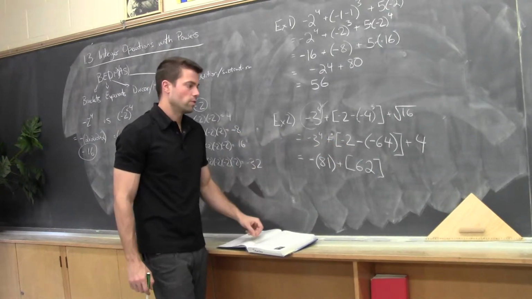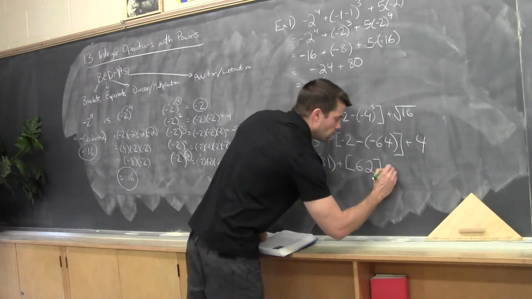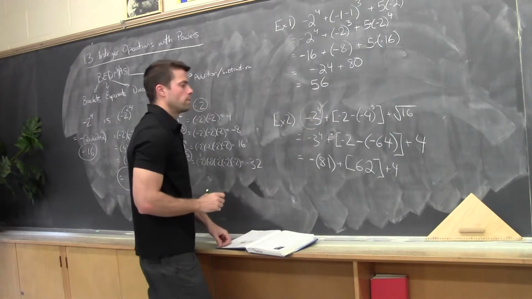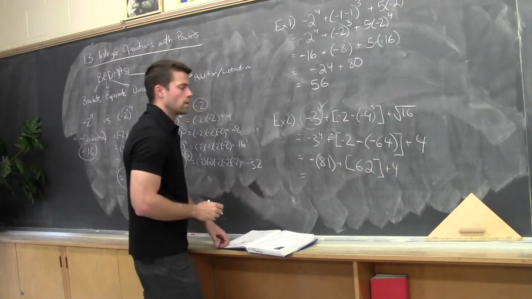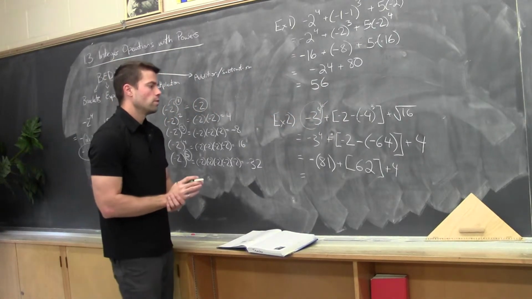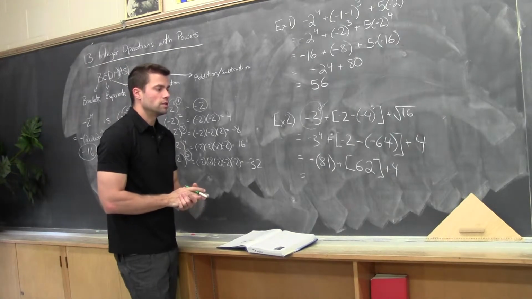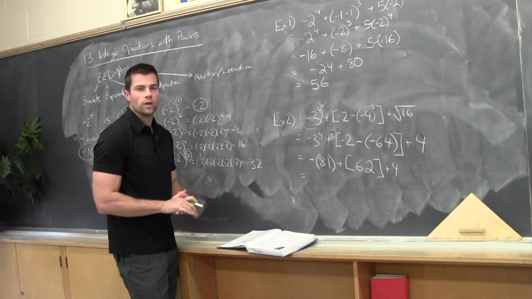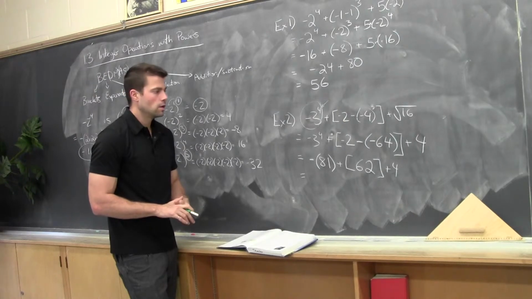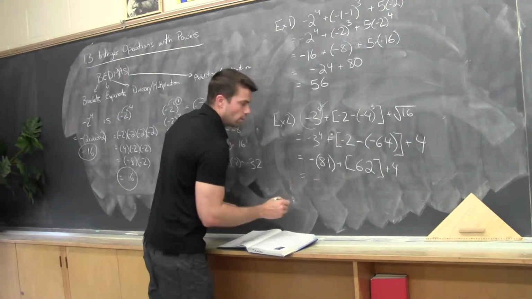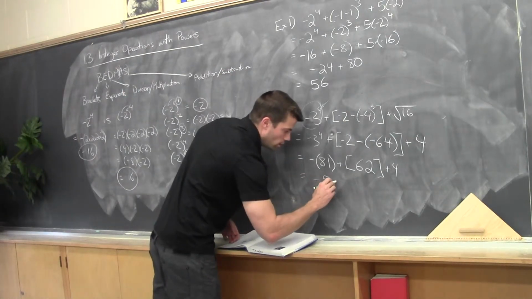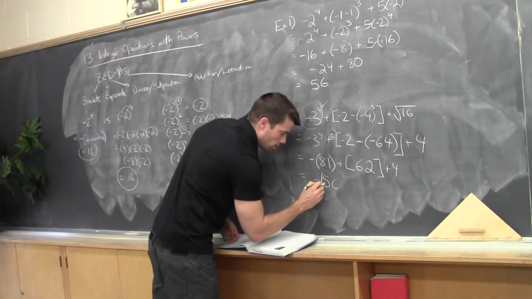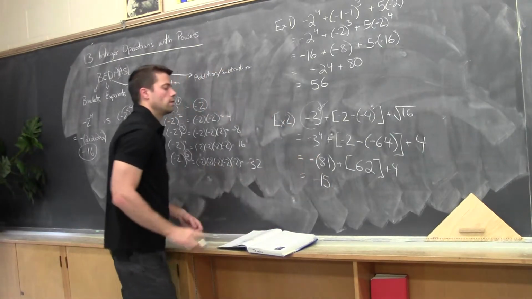Okay, don't be shy. Finally, negative 81 plus 62 plus 4. What's the final answer there? Negative 15. Thank you.